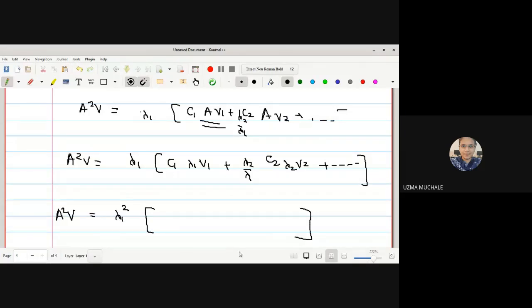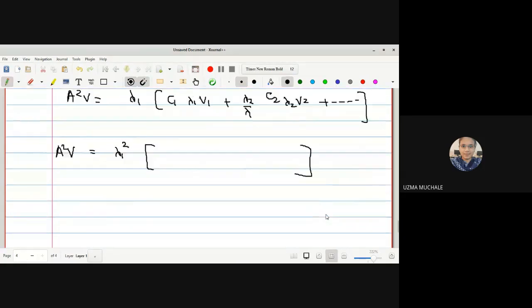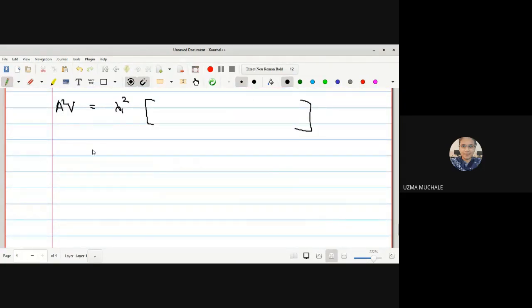So continuing in this way, at some kth stage A raised to k v is equal to lambda 1 raised to k into c1 v1 plus lambda 2 upon lambda 1 raised to k c2 v2 and so on. So in this way we will get the eigenvalues.